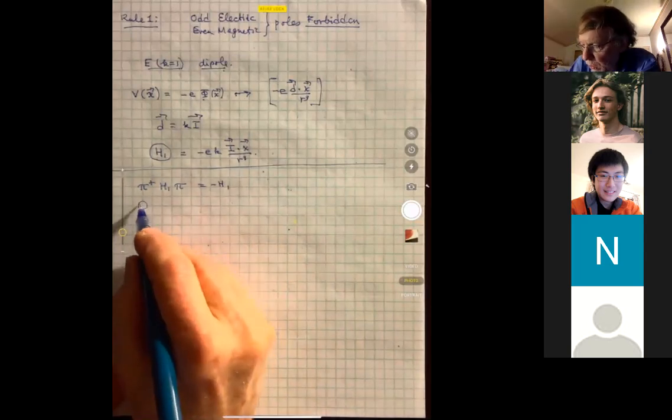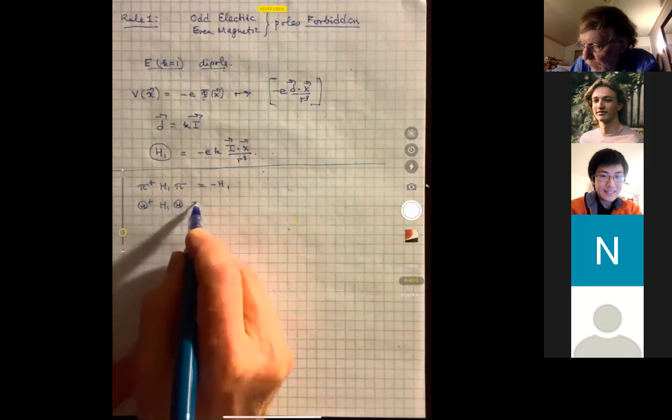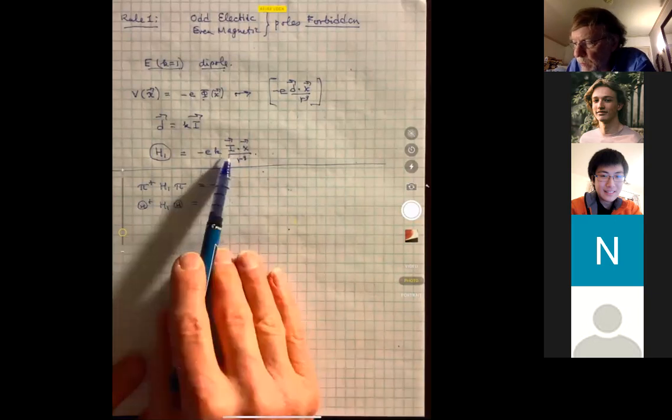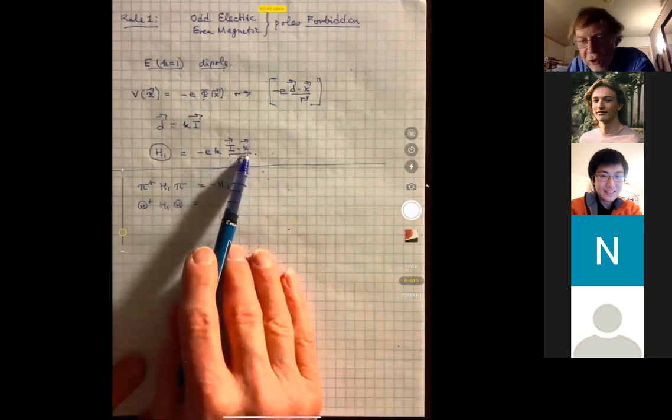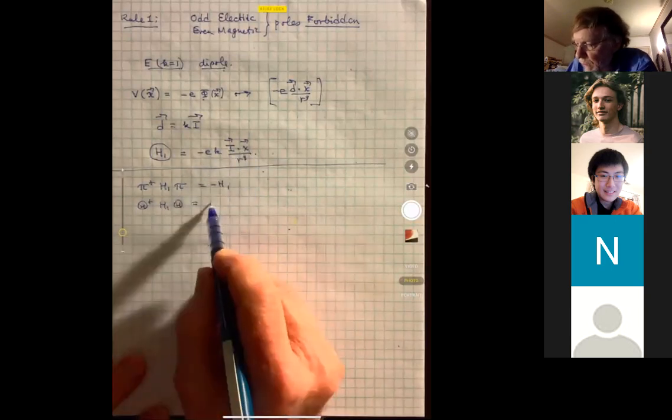What about time reversal? Let's take theta, a nice antilinear operator, and conjugate it with H1. Under time reversal, all angular momenta do change sign, but the position vector does not. And so once again, this goes into minus itself.